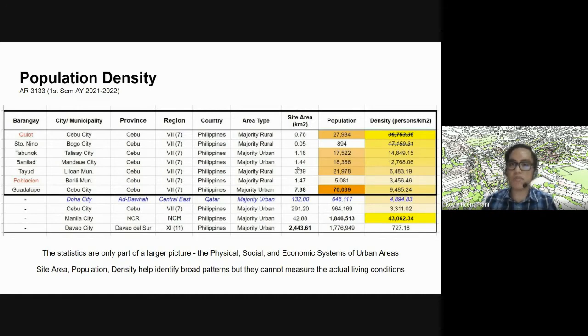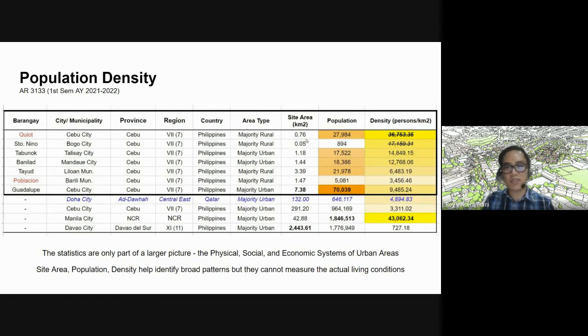Another thing that we observe is that density calculation of persons per square kilometer sometimes does not work because over here we have an area of 0.76 square kilometers, but a population of 27,000. And if you plug that into a density calculator, you get 36,000 people per square kilometer, which is very erroneous because the maximum number of people is 27,000.